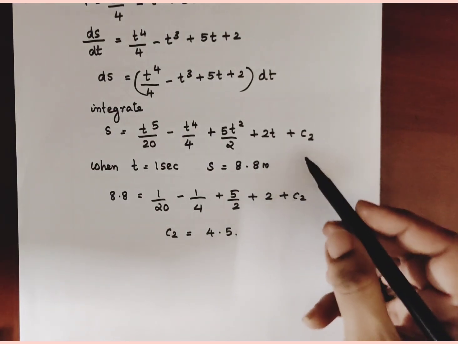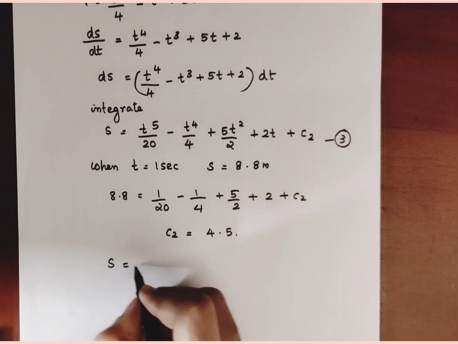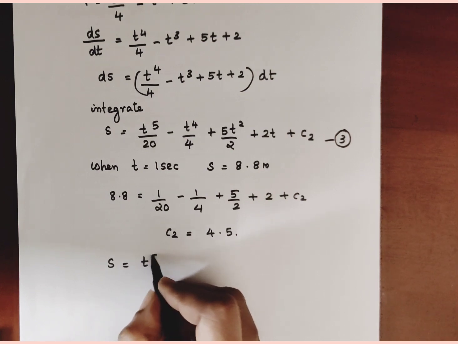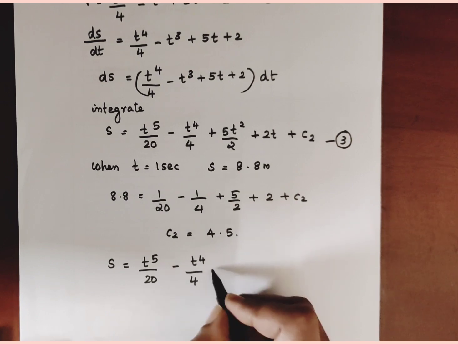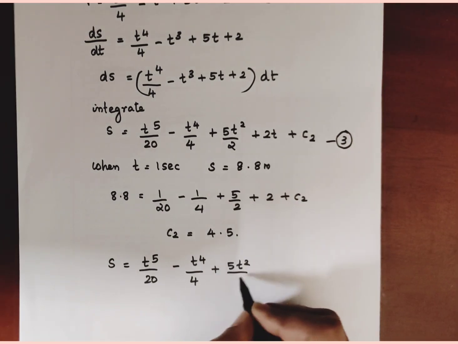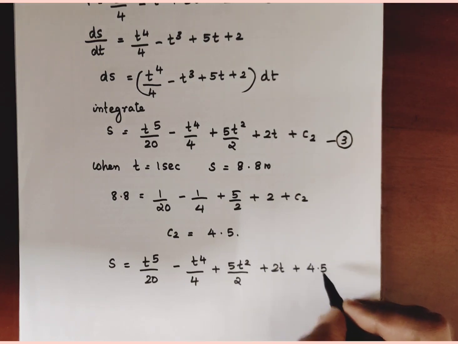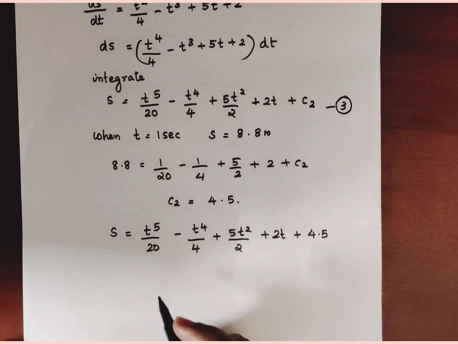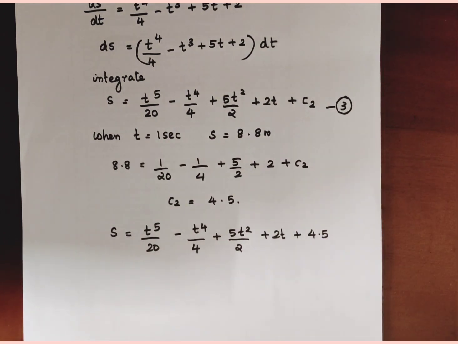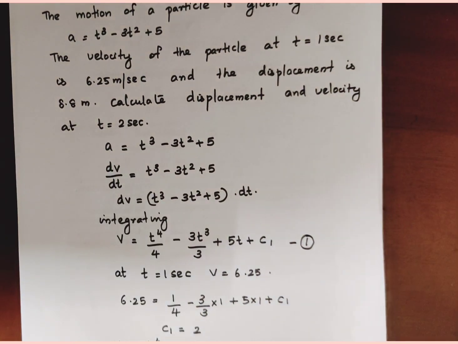So now you can substitute the value in this equation, that is equation 3. So here S is equal to t raised to 5 by 20 minus t raised to 4 by 4 plus 5t square by 2 plus 2t plus C2. C2 is equal to 4.5. So this is the equation for displacement. So here you have to calculate the displacement when time is equal to 2 seconds.